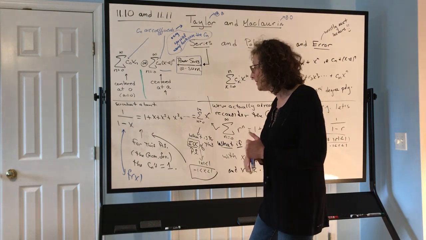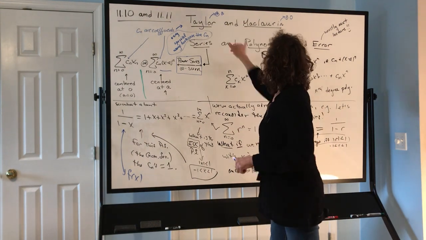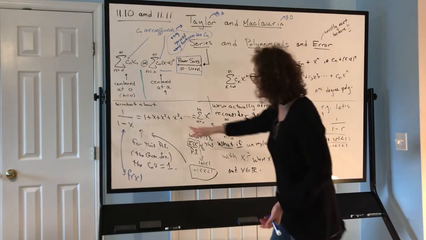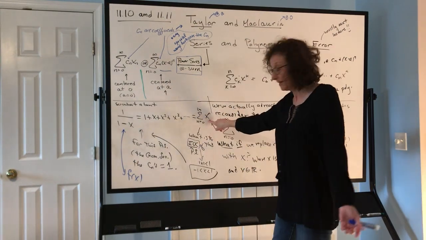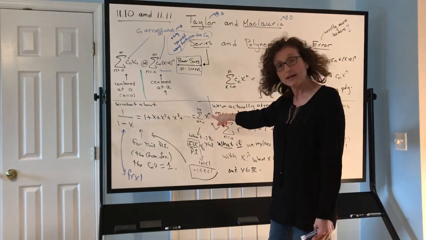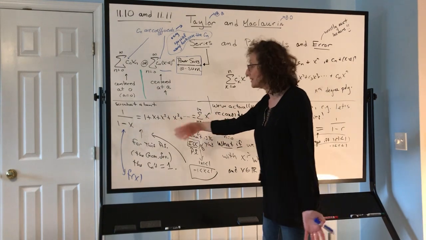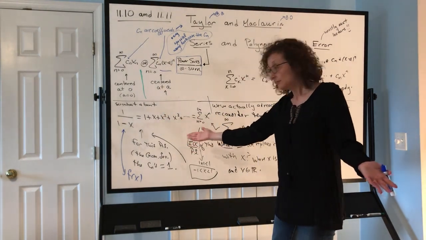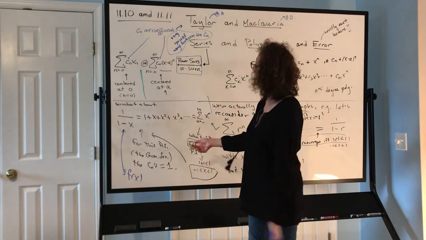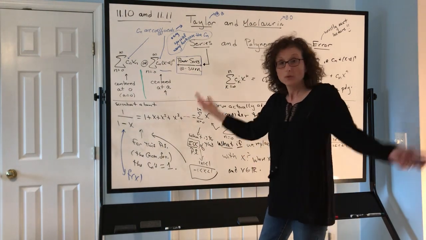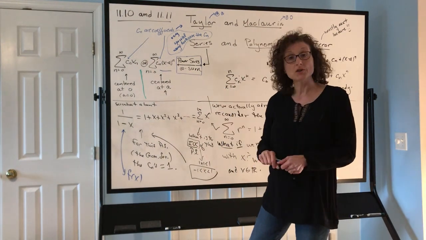So that's the idea of Taylor and Maclaurin series. This would be a Maclaurin series for this function because it's expanded about 0, in powers of x to the n. If we wanted to expand this about some other number, like a half, then we would need a series like this, and you would have to recompute what the coefficients ought to be.